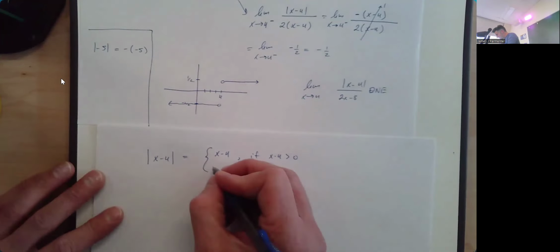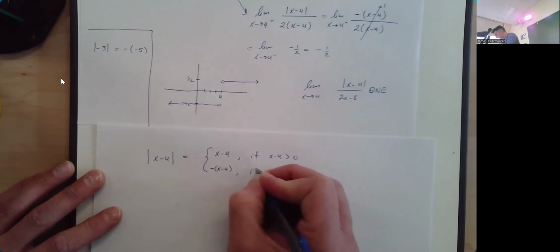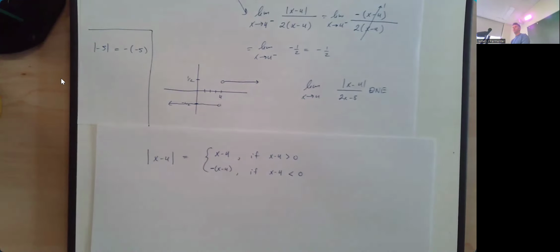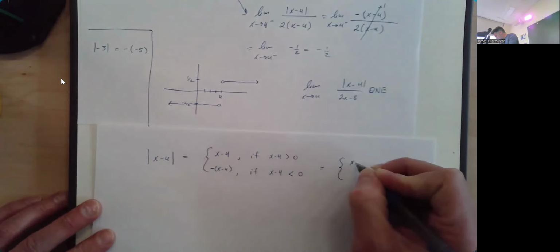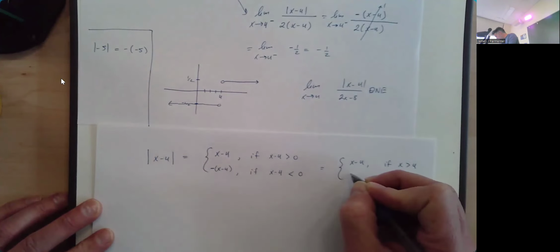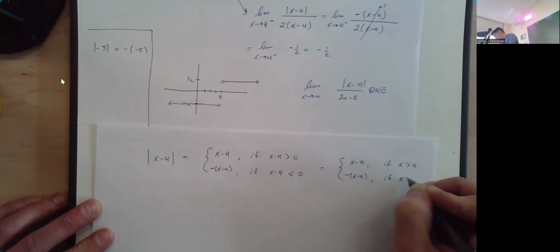And it's equal to the negative or opposite of that if the stuff inside the absolute value is negative. And that's what we did. We just didn't write it or think of it quite like that. We thought of it as x minus 4 if x is bigger than 4 and negative x minus 4 if x is less than 4.